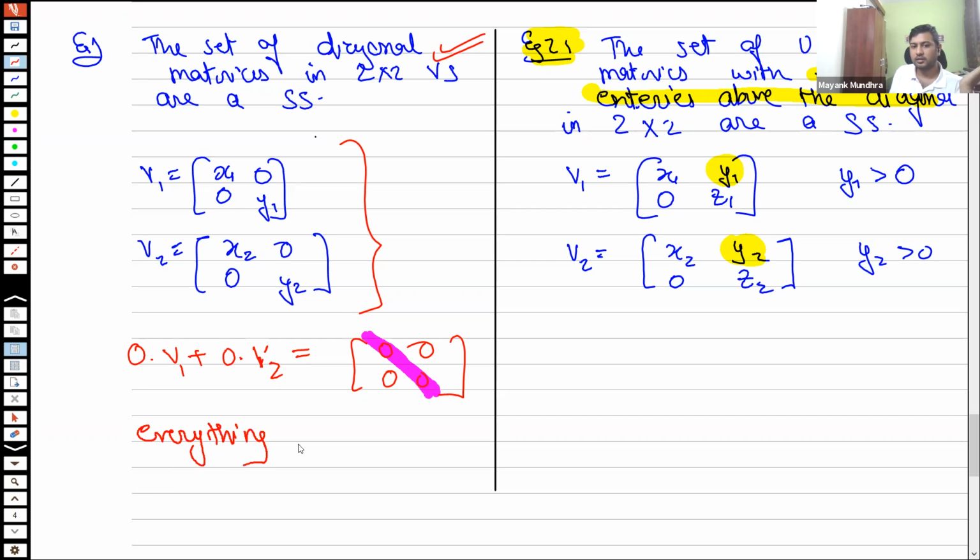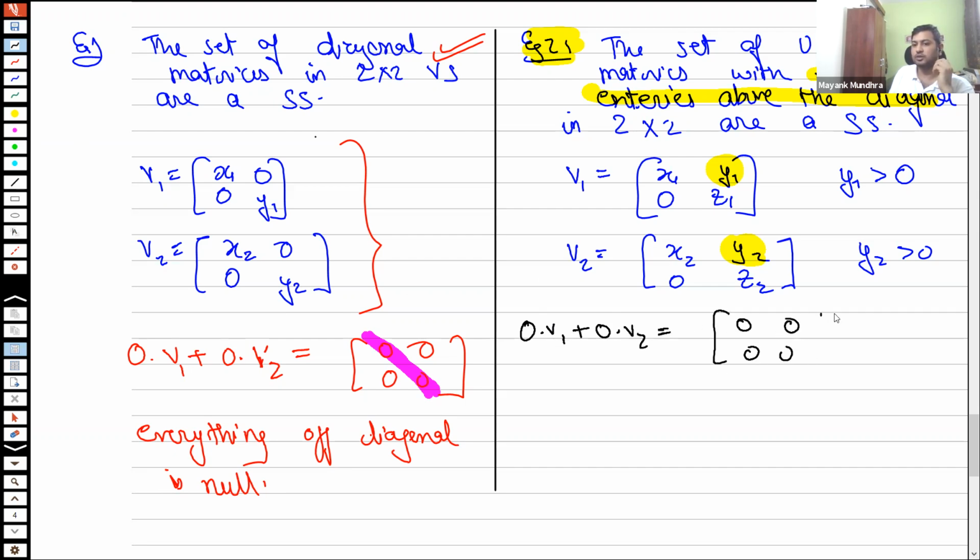Whereas in the second case, when I take 0 times v1 plus 0 times v2, again I get 0, 0, 0, 0.